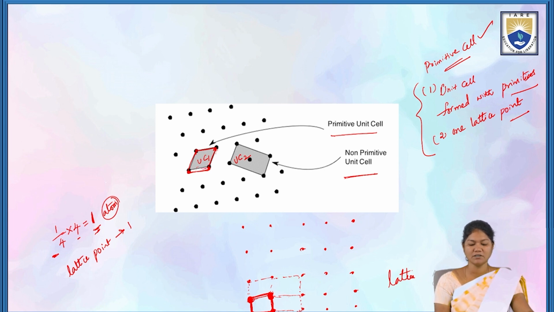Coming to the other one, unit cell 2, this unit cell is also a smallest part in this plane lattice, and it is also connected by four lattice points. But compared to unit cell 1, there is one more lattice point which is at the middle of this unit cell 2.